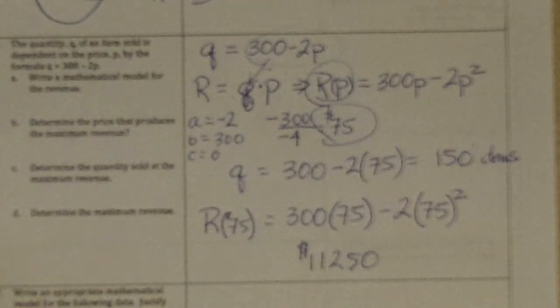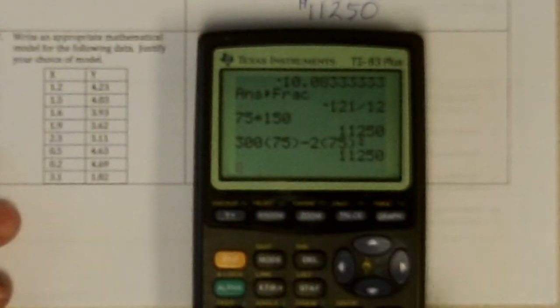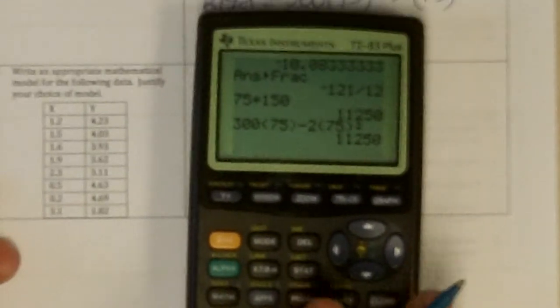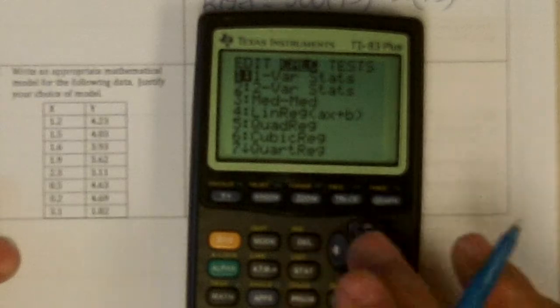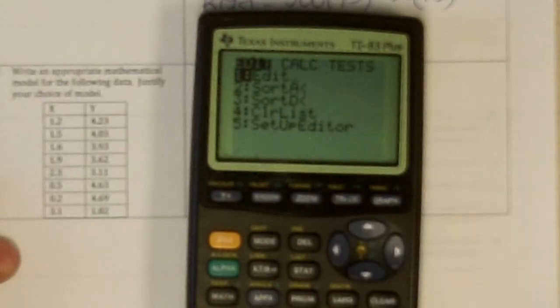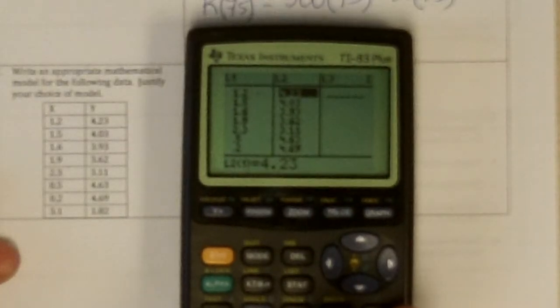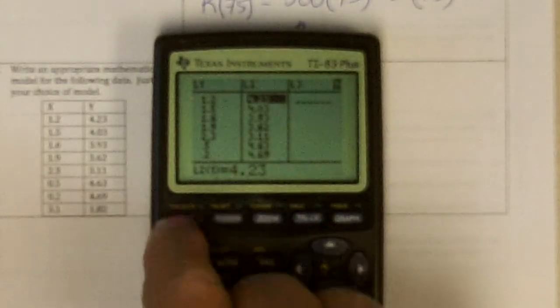Number 7. I've already put the numbers into my table. Just to remind you where to put that in, there's stat, and then press enter for edit. And there's the X and Y. I put them in list 1 and 2. And now to plot it, I'm going to turn on my stat plot by going second Y equals.